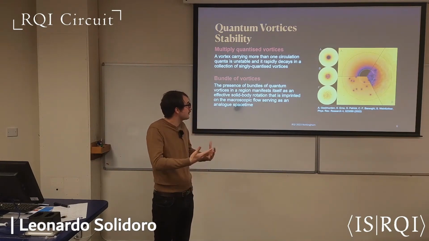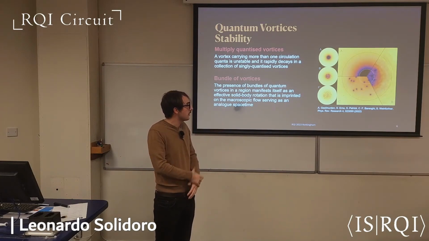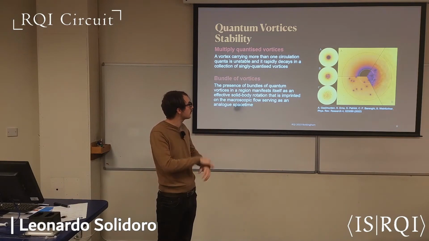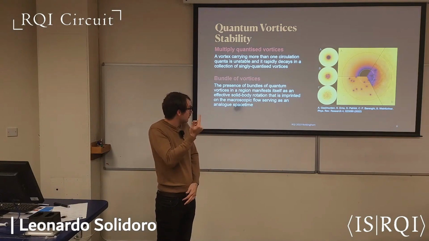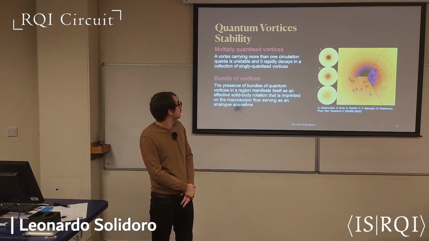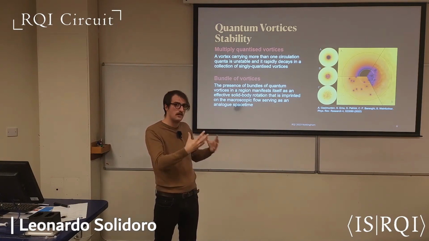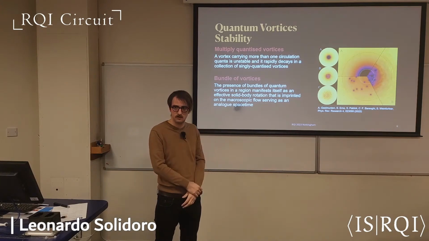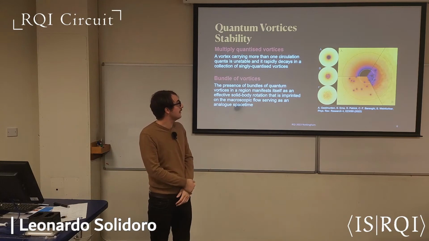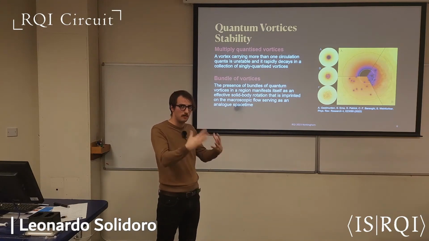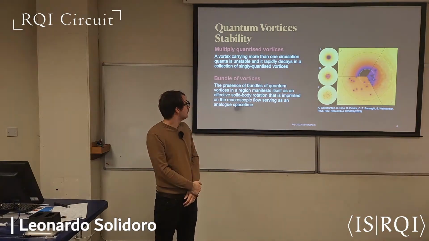So we expect such a system, if used for analog gravity purposes, to present a large number of circulation quanta. Still, the circulation is quantized, but the problem is that a vortex carrying more than one circulation quantum is an unstable state, and it rapidly decays into a bundle of singly quantized vortices.